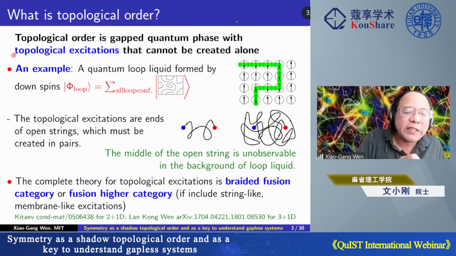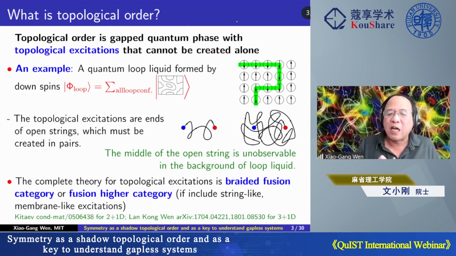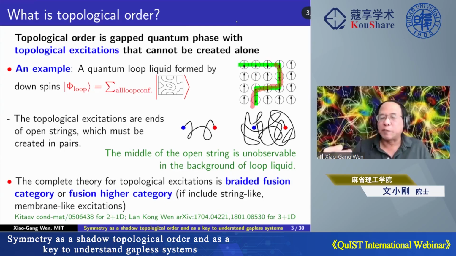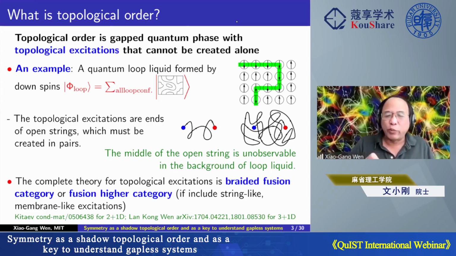The topological excitation basically is an excitation that cannot be created alone. For example, we can have a topological order given by the string liquid. This string can be viewed as down spins. Down spins may form a string in the background of up spins. This string liquid is an example of a topological order. In this string liquid, we can have this open string excitation.